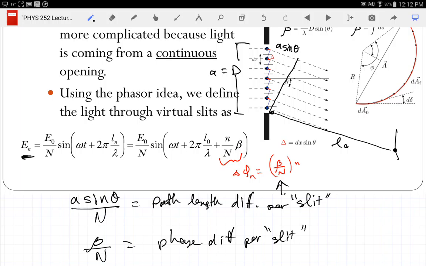And then we made phasor diagrams in lab, and we found that the total voltage was just found by summing those phasors, adding them as vectors. Hence the term phase vector. That's what we're doing here. Each little slit allows the same amount of electric field through, the E0 divided by n. But the phase angle is slightly different. And so we just start adding those up.